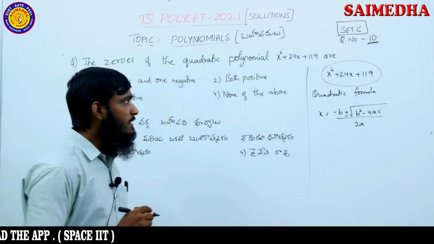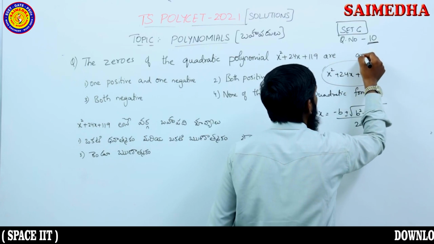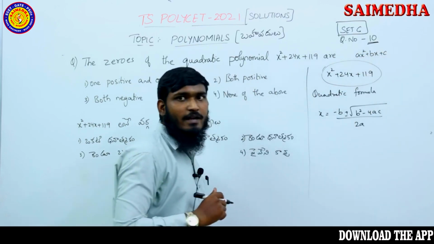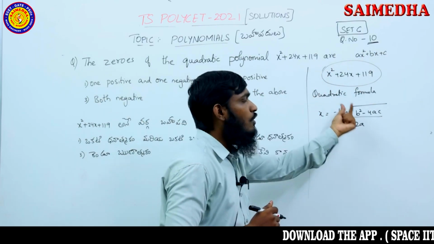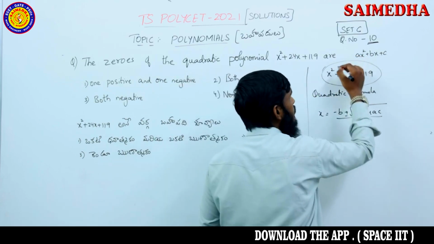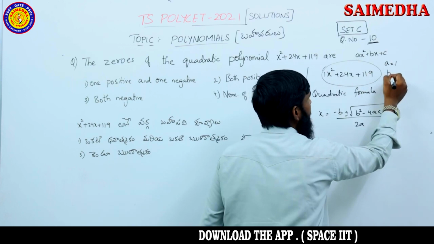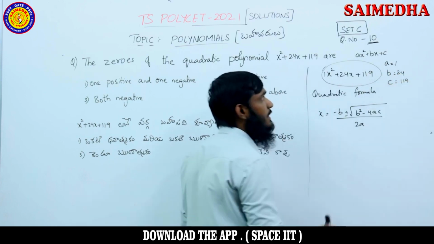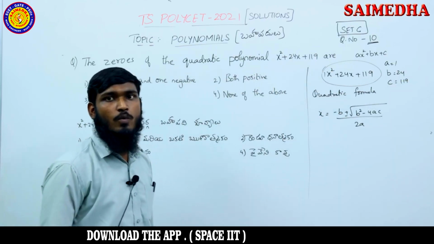Let us write the standard form over here. It is in the form of ax square plus bx plus c. When we compare the standard form and this quadratic polynomial, we get the values of a, b, c. A is equals to 1, b is equals to 24 and c is equals to 119.